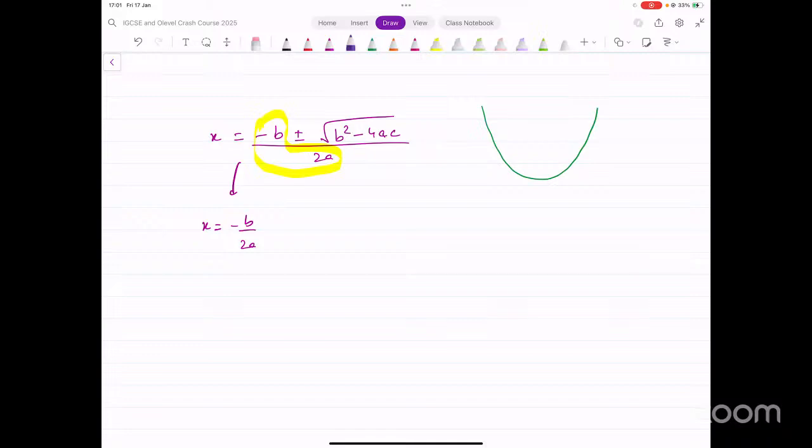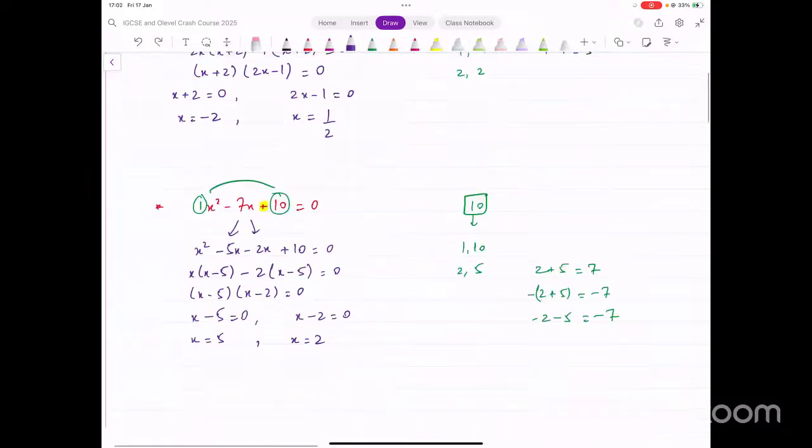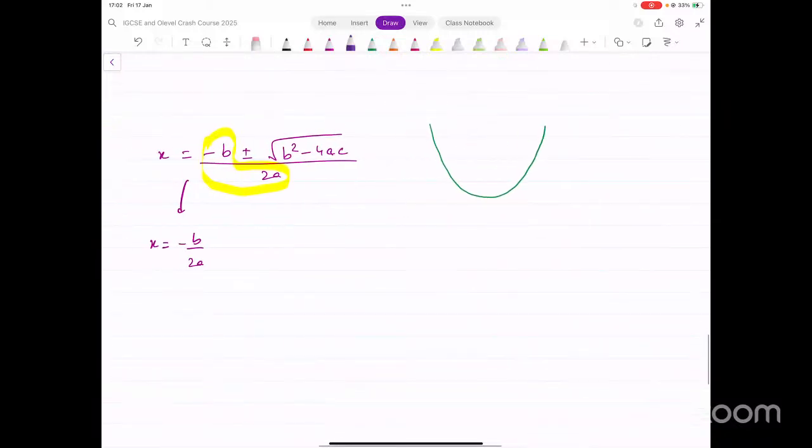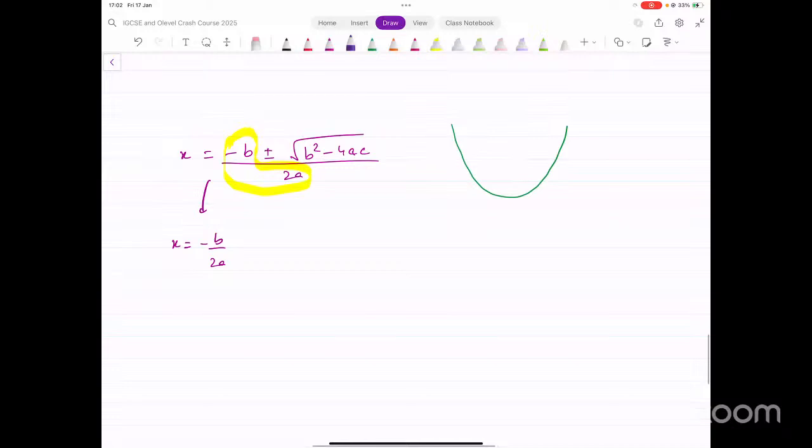So if I had a quadratic function like this, the quadratic formula would give me these two points on the graph.